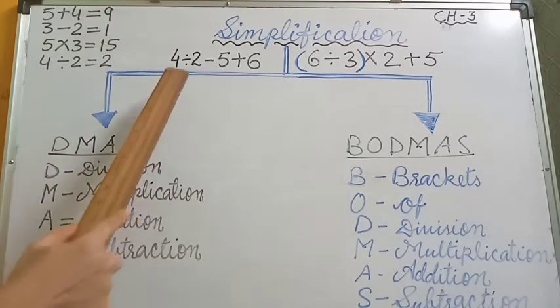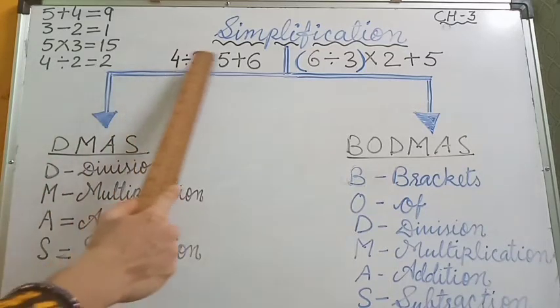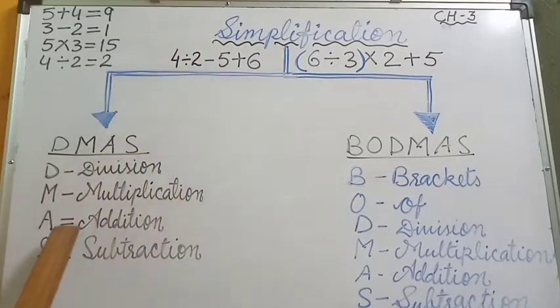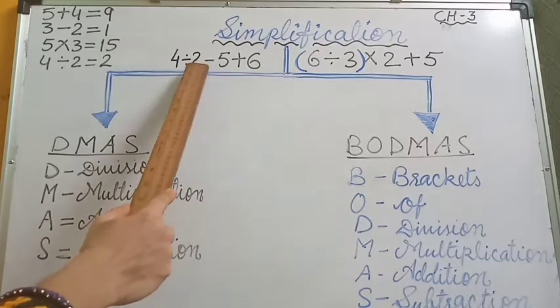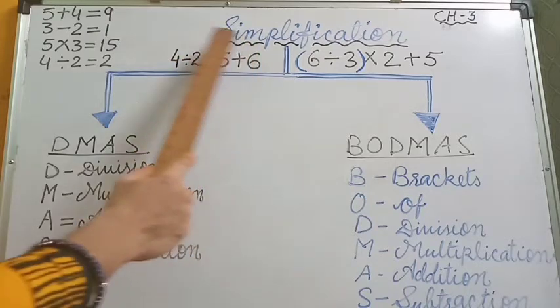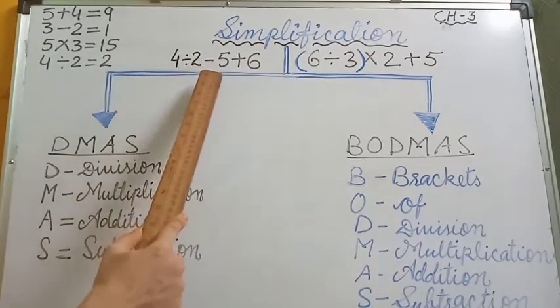First of all we will solve the division, and next we have to solve multiplication. Here multiplication is not there, so next we have to solve addition, then at last we have to solve the subtraction. So this way we can solve this type of expressions by following DMAS rule.